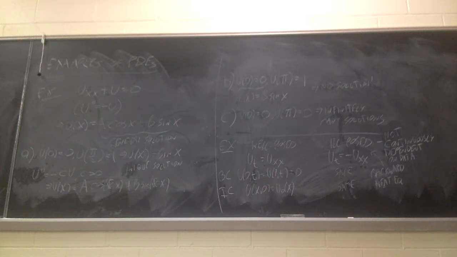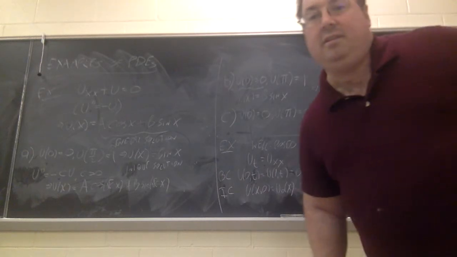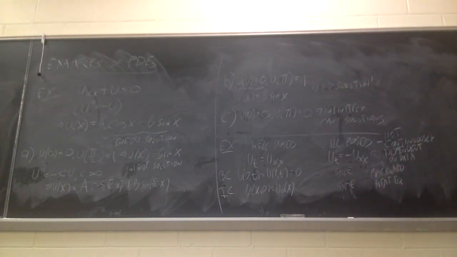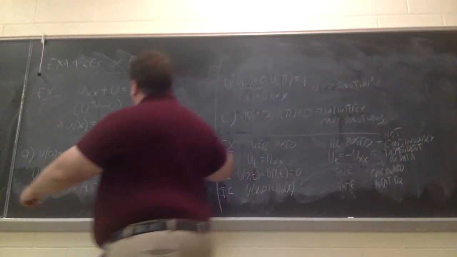What I'm going to do is, okay, I have 4 minutes. I'm going to nail down a specified initial condition, and that will allow me to write down a solution in both cases.